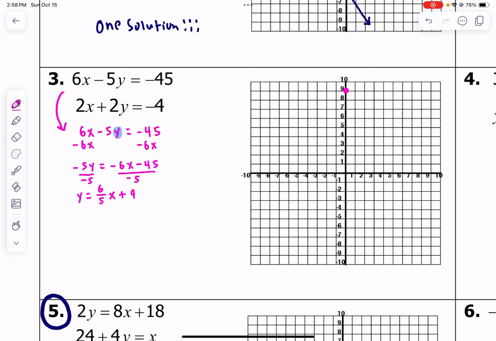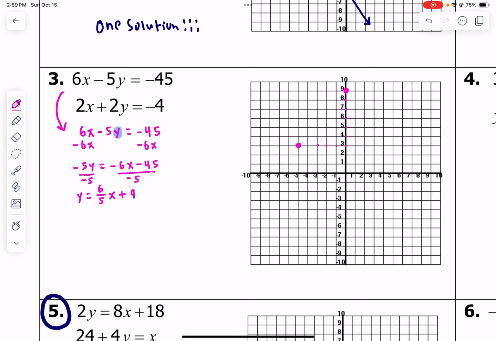We go up 6 and 5 to the right, but here we come across another issue. There is no space here, so we're going to have to backtrack. So instead of going up 6 and 5 to the right, we're going to go down 6 and 5 to the left. See right here?